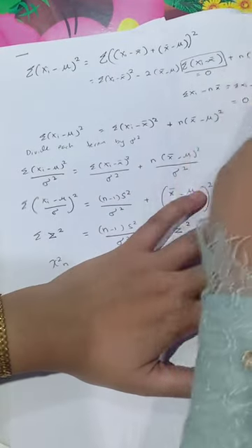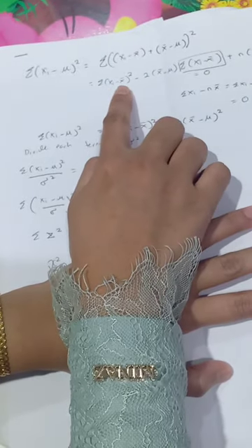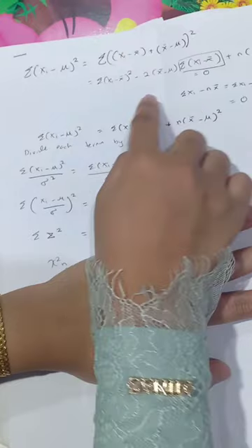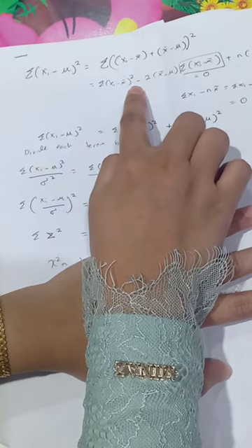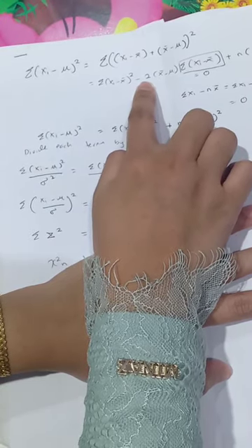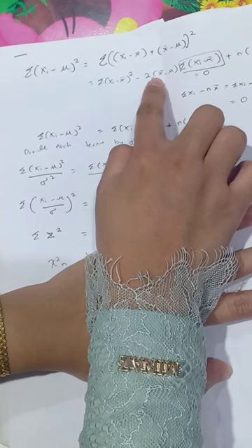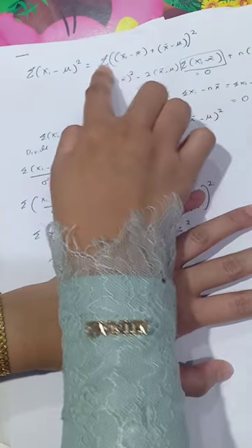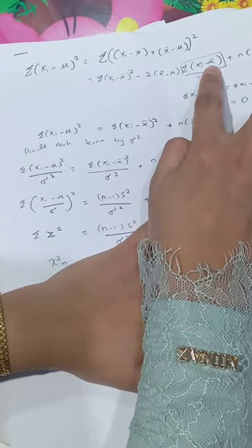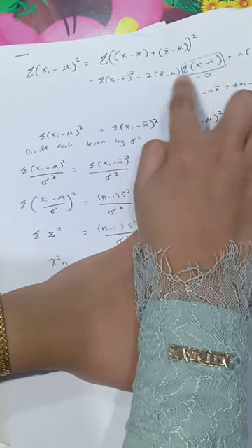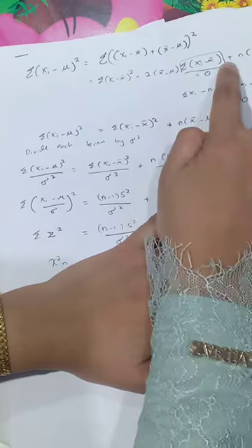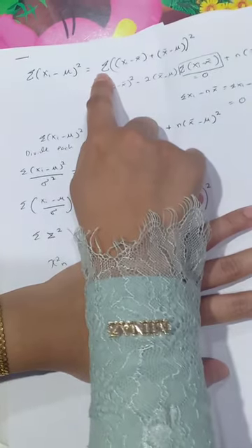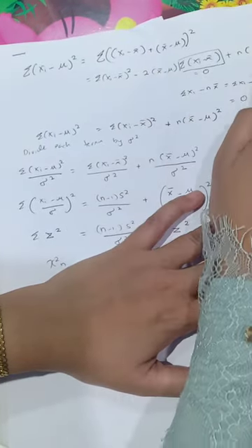Expand that, so you will get the summation of (xi minus x bar) square, minus 2 (x bar minus mu) multiplied by the summation of (xi minus x bar). Plus the summation of (x bar minus mu) square.